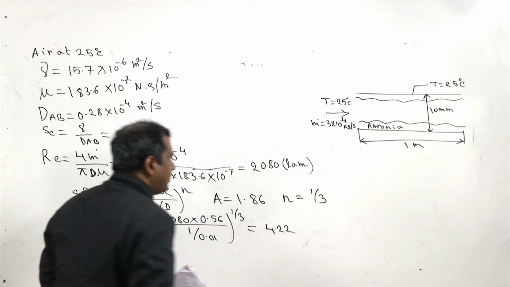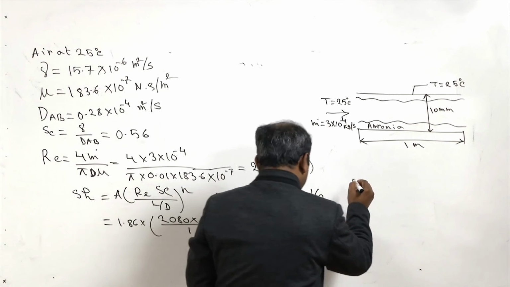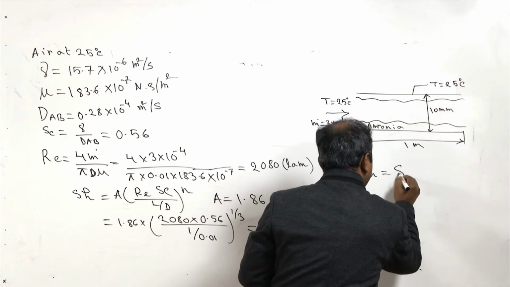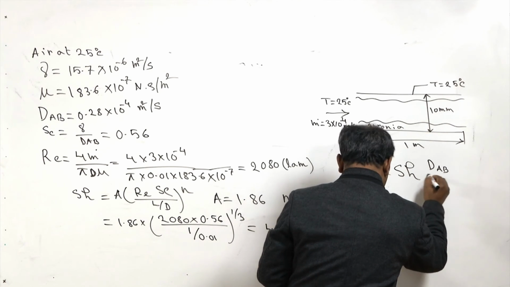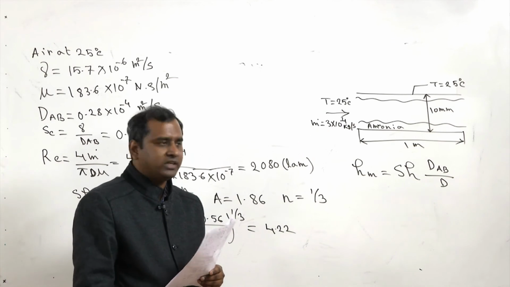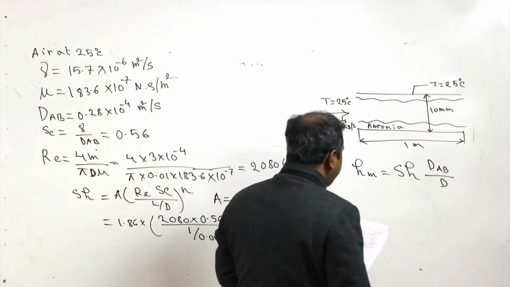Now this Sherwood number will help me find the mass transfer coefficient. The mass transfer coefficient Hm, as discussed in lecture, equals Sherwood number times DAB divided by the tube diameter. It is analogous to the Nusselt number: Nusselt number is HD by K, and Sherwood number is HmD by DAB.